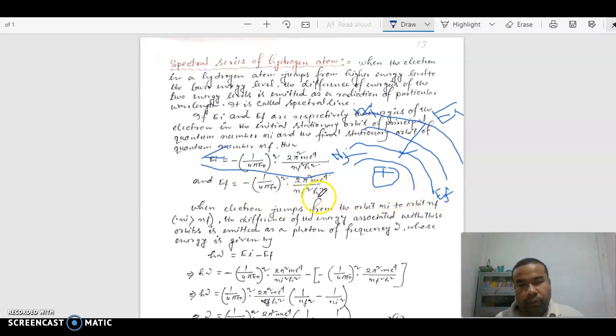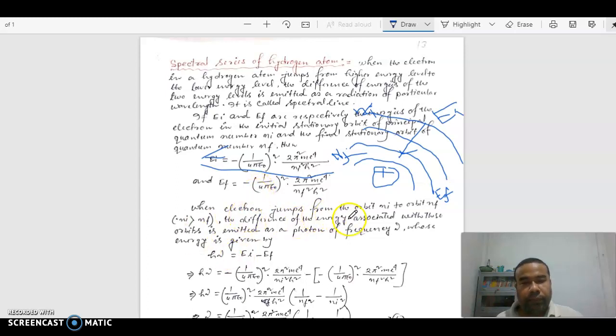According to Bohr's postulate, the energy emitted is given by the difference of energy, and this difference of energy is equal to h nu.